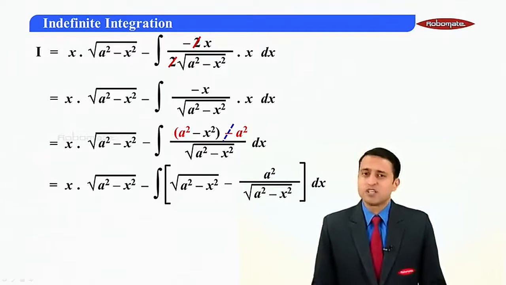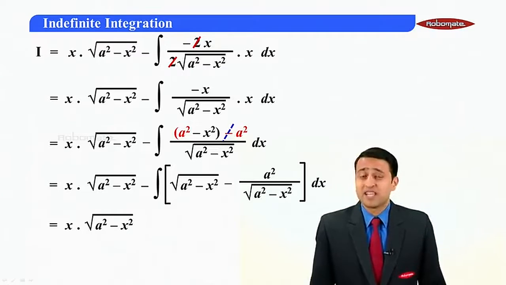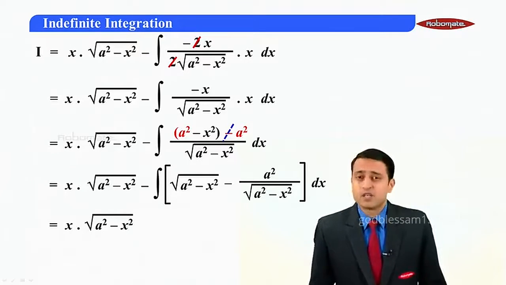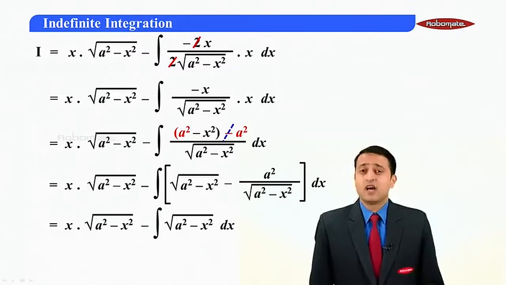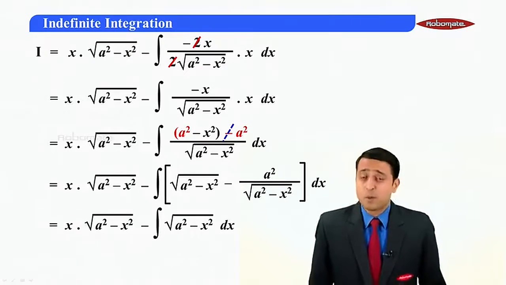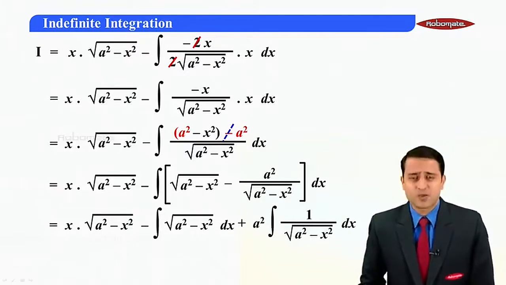Is that okay, my dear students? So let me keep the first half as it is. Let's open the brackets, or let me say let's separate the integrals. So I get minus integral root of a square minus x square, and a minus of minus, so plus a square integral 1 upon root of a square minus x square dx.